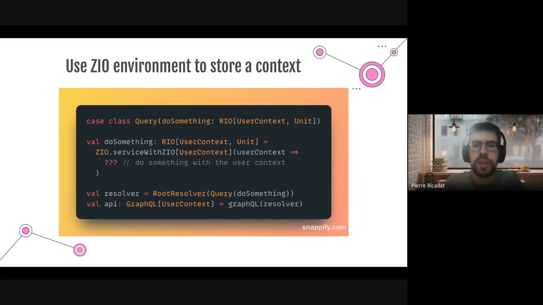When you use that in some places of your schema, when you create your resolver and call the GraphQL function, you're going to get a GraphQL object of UserContext. What that means is that in order to create your GraphQL function, at some point you will need to provide that context. It's similar to dependencies: when you have a dependency in your ZIO environment, you need to provide it at some point.